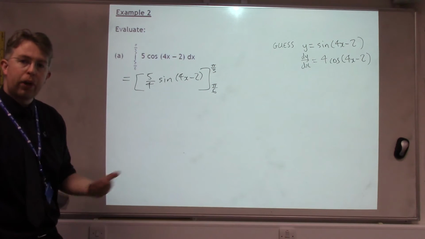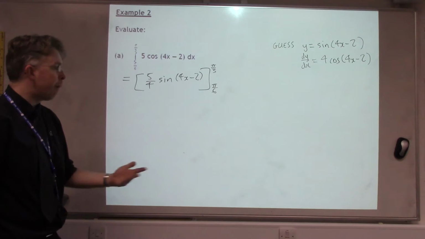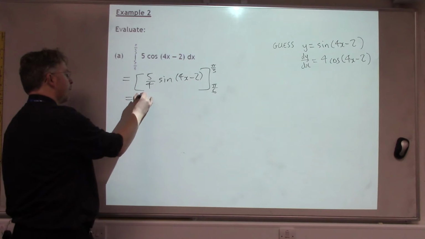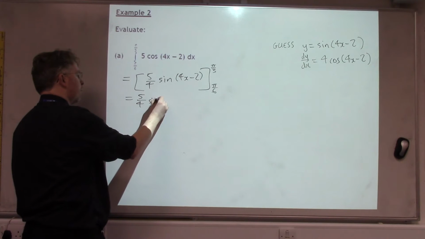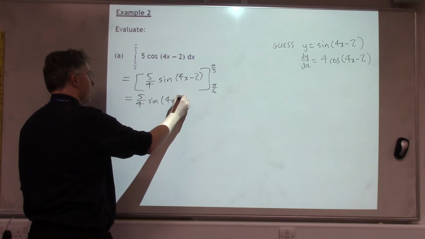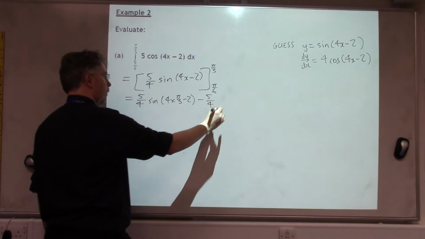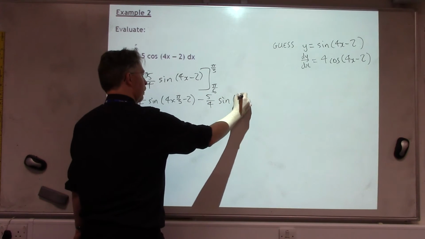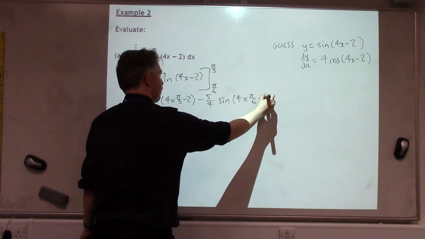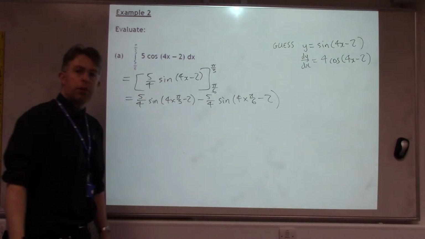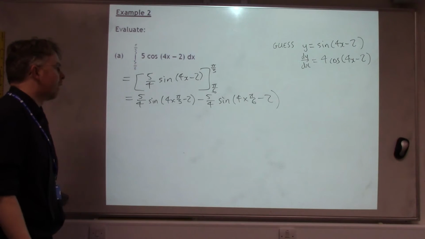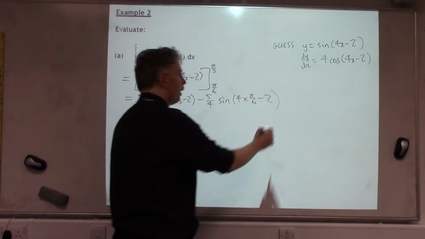Then as usual, we put the top limit in first, take away, put the bottom limit in. In some cases you'll be expected to do exact answers, but you won't be able to in this case.